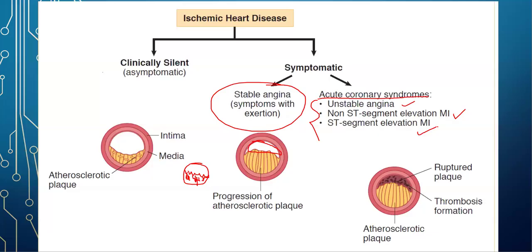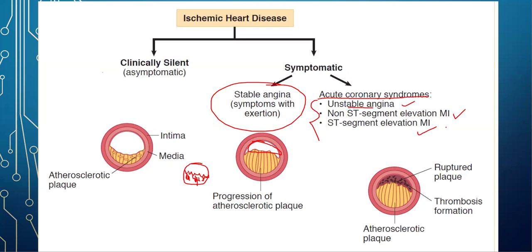When there is myocardial infarction, there is no more opening of the blood vessel. The blood vessel or coronary artery is completely blocked. When it is completely blocked, that is called myocardial infarction. When there is still a bit open, you can still say it is unstable angina. But left untreated, unstable angina will become myocardial infarction.